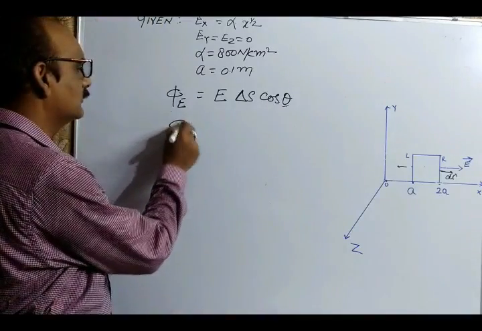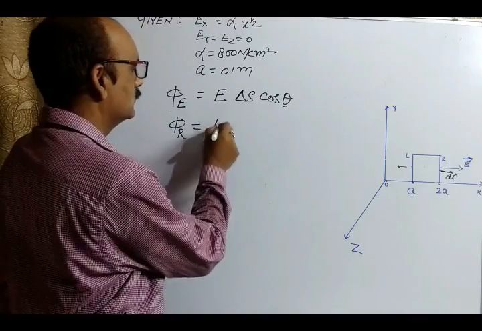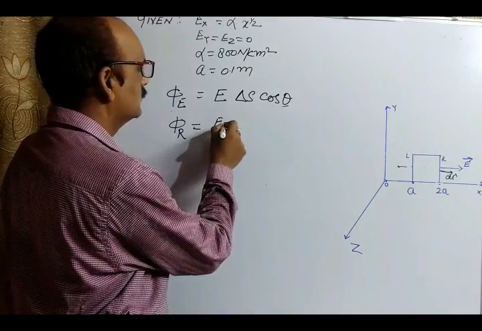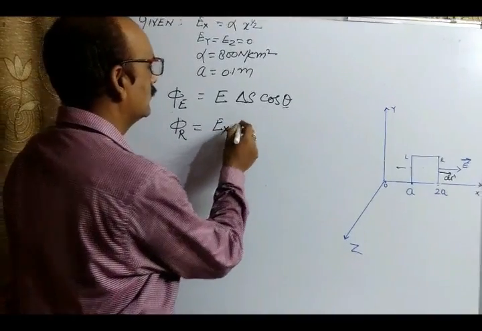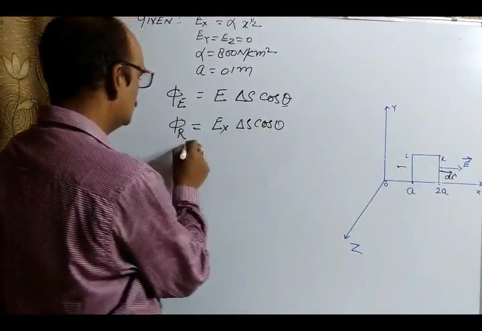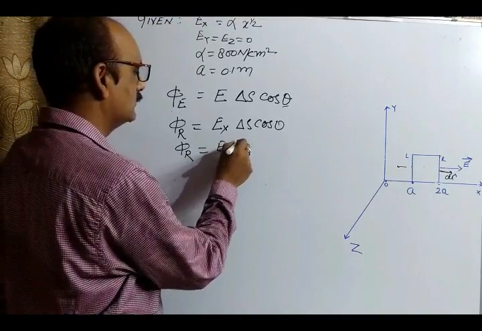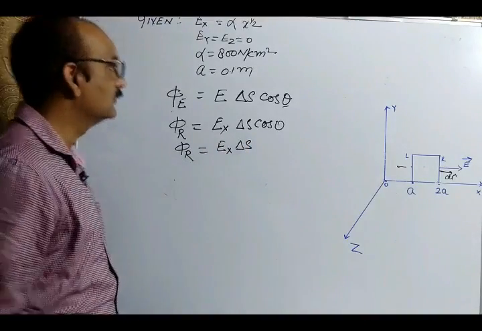That is phi R equal to Ex delta S cos 0, that is phi R equal to Ex delta S.